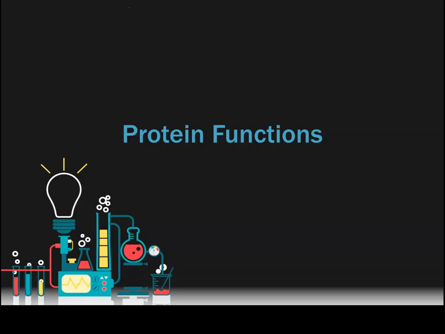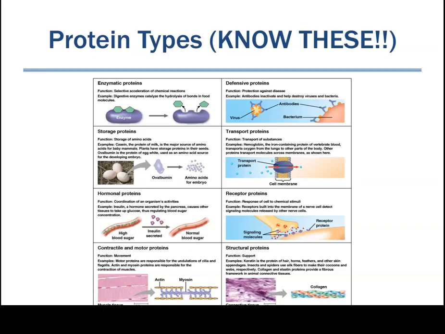So proteins have a variety of functions. There are 8 main types of protein functions, 8 ways that proteins function in our bodies. The most important are enzymes.